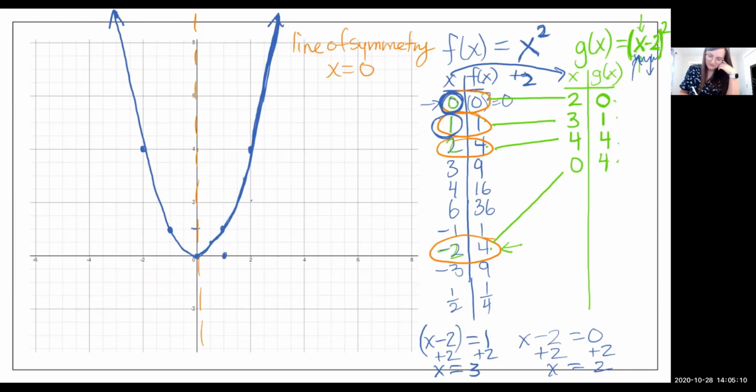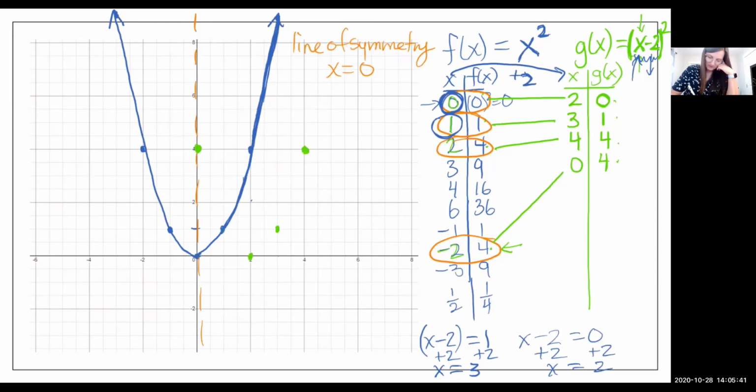2 is now at 0. 3 is at 1. Sorry, 2 is not right because the scale is throwing me off. 4 is at 4, but it's also at 0, right?